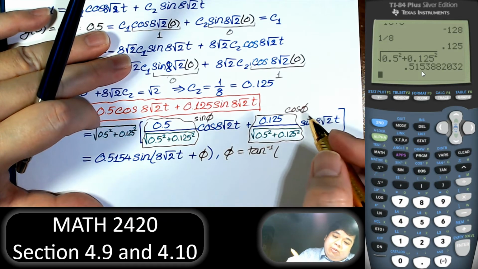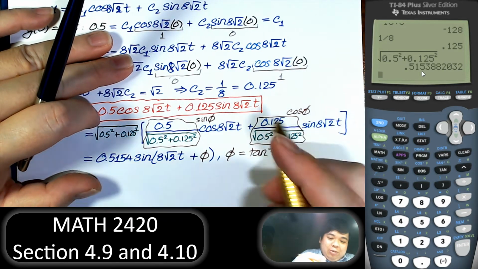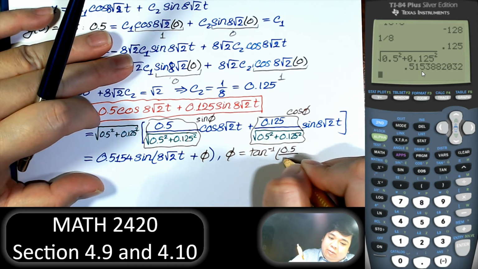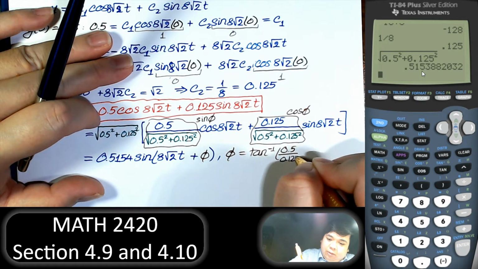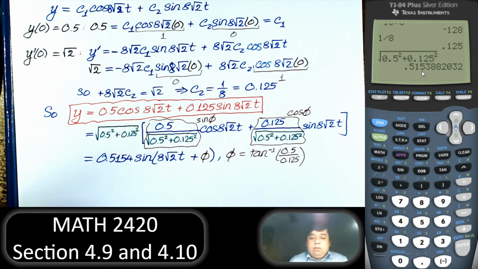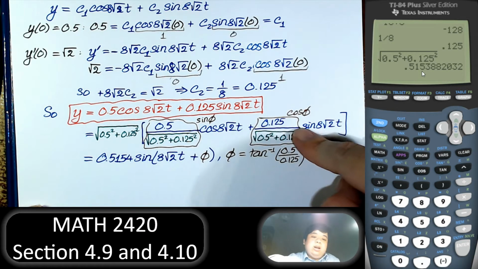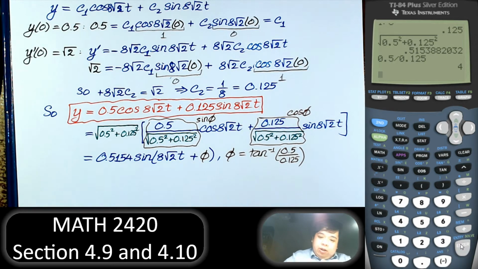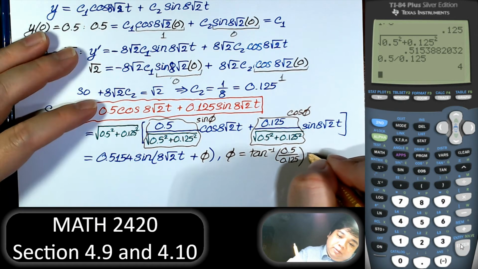So, or sine over cosine. So sine over cosine is equal to tangent. And what is 0.5 divided by that? So I think it's 4. That's 4. So with tangent inverse of 4.